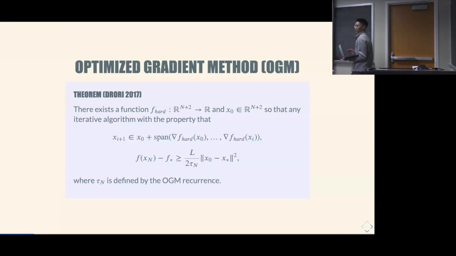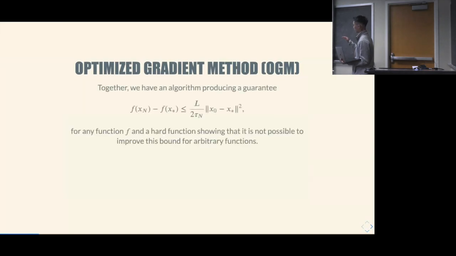This is the sense in which this algorithm is minimax optimal. I've shown you that there's an algorithm which achieves a certain guarantee, and that there's a function for which no algorithm can achieve a better guarantee. Does this concept make sense to the people in the room?